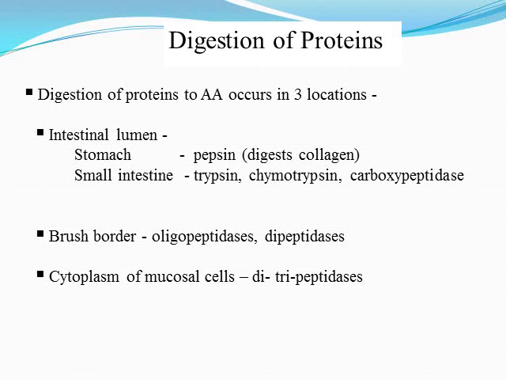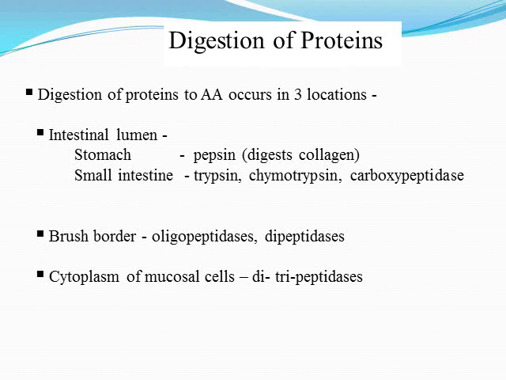We get into the small intestine. We've got the three different major proteases: trypsin, chymotrypsin, and carboxypeptidase. I'm not going to go through the specifics of what bonds all of these break and how all of these work. But you should recognize that in the stomach, you're going to go to smaller peptides, and then in the small intestine, you're going to go down to dipeptides, and then at the brush border, you're going to generally break down into amino acids.